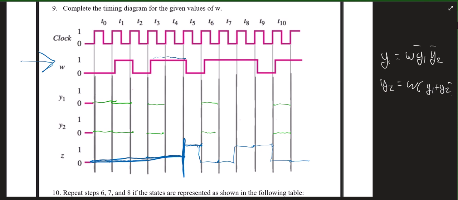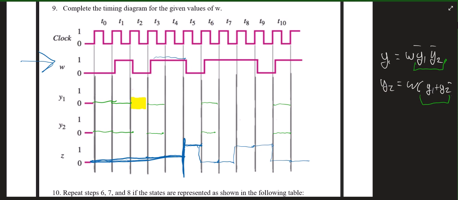So now all the ones I have left have W equal to 1. So I can just look at the other part of my equation here to see if I'm going to have 1 or 0. So when I'm looking at this clock cycle right here, I know W is 1 because I marked all the ones that were 0.